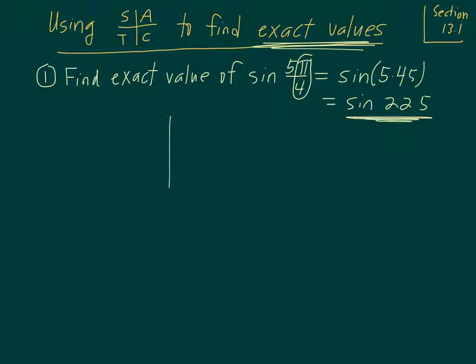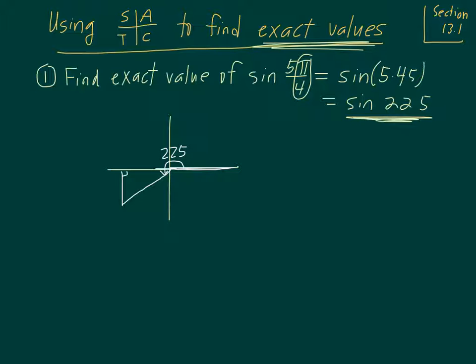So, to do that, we're going to draw a 225 degree angle in standard position. So remember, that means we're going to start the angle right here on the positive x-axis, and we're going to draw it in a counterclockwise manner. And we're going to make a right triangle out of it in the meantime. So here is my 225 degree angle.